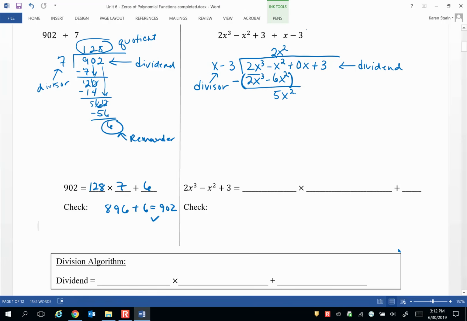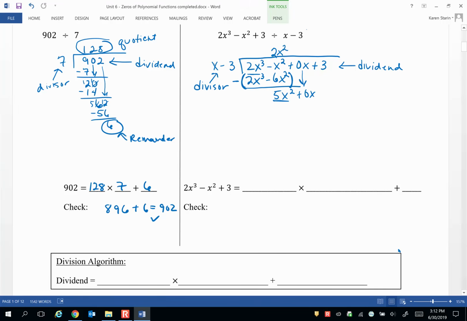Now, just like what we did on the left with numbers, I have 2 terms in the divisor, so I need 2 terms in the dividend process. So I bring down my 0x here. Now my goal once again is to eliminate 5x squared.